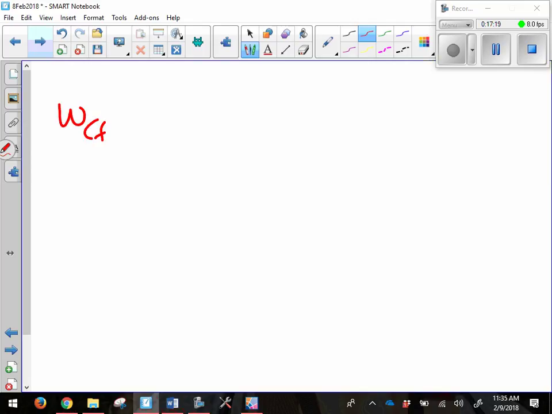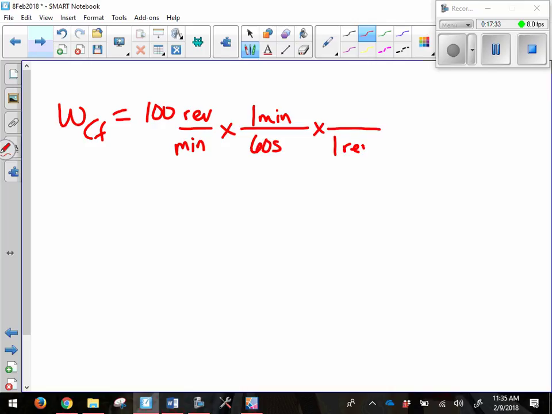And we'll take our omega CF is, what is it, 100 revolutions per minute. So we'll do the easy part first. 1 minute is how many seconds? And one revolution is what? Yeah, because it's one complete trip. So whether one complete trip is one revolution, 2 pi radians, or 360 degrees, in this case I want it to be 2 pi radians. So if we do all that out and do all the math, what do I get?